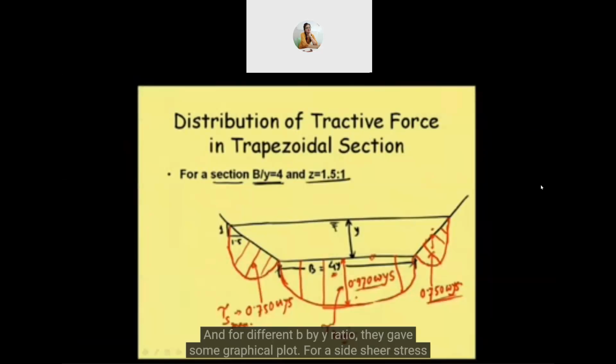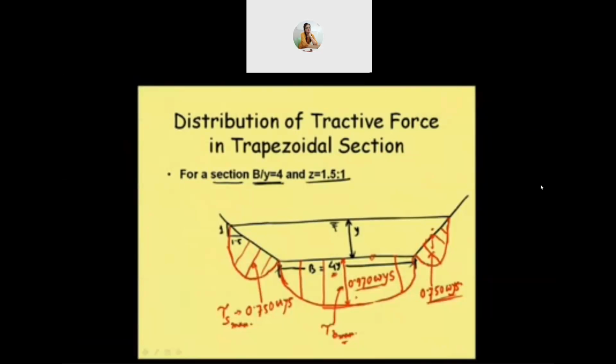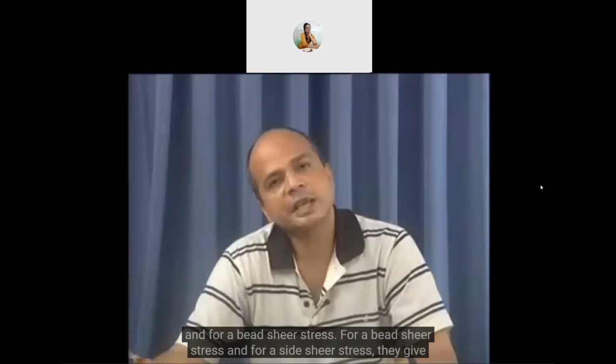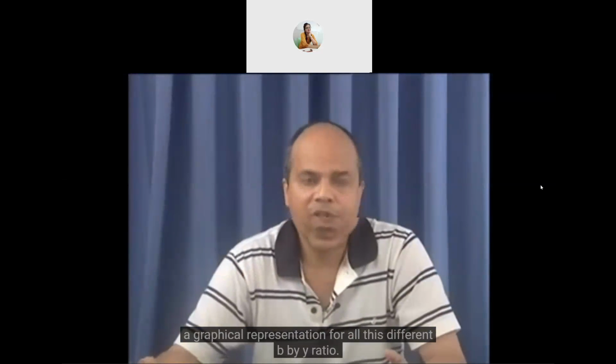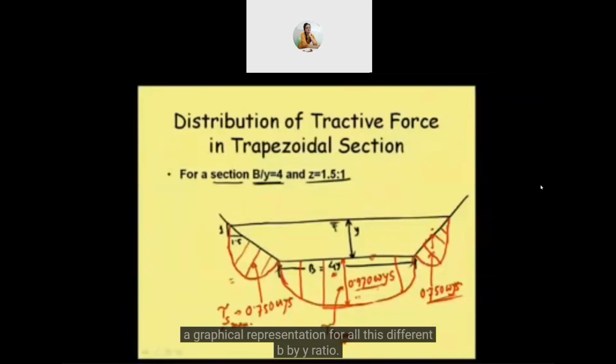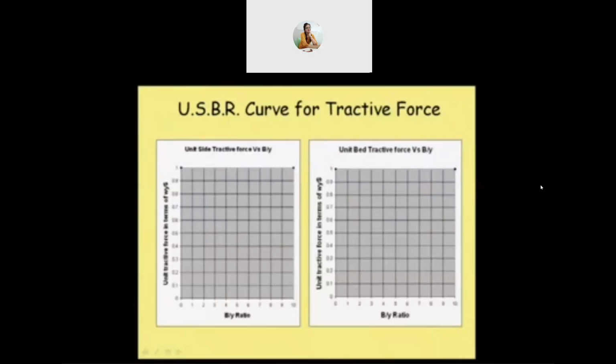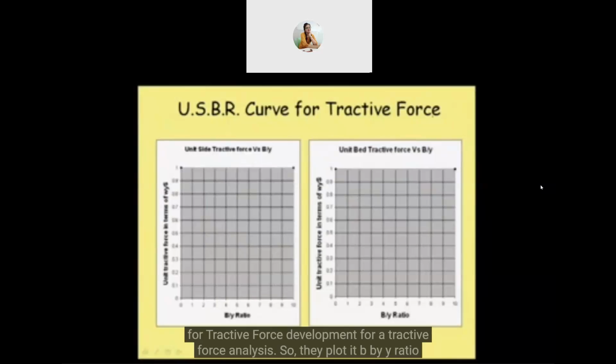And then for different B by Y ratio, they gave a graphical plot for the side shear stress and for the bed shear stress, for all these different B by Y ratios. The format of the graph is like that. These are popularly known as USBR curves for tractive force analysis.